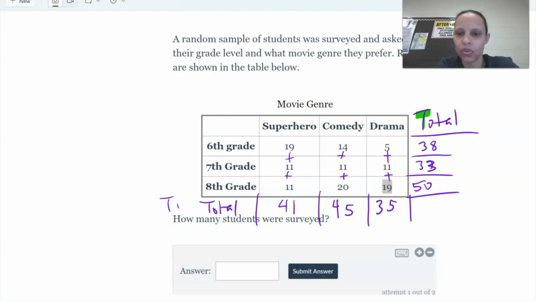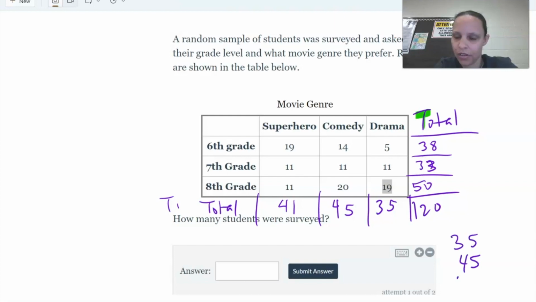All right, so those are the totals horizontally and vertically, but you can also have the total total, how many students were surveyed. So this is going to be 86, 91, 120. I'm going to do that again just to make sure. So that's 10, 80.